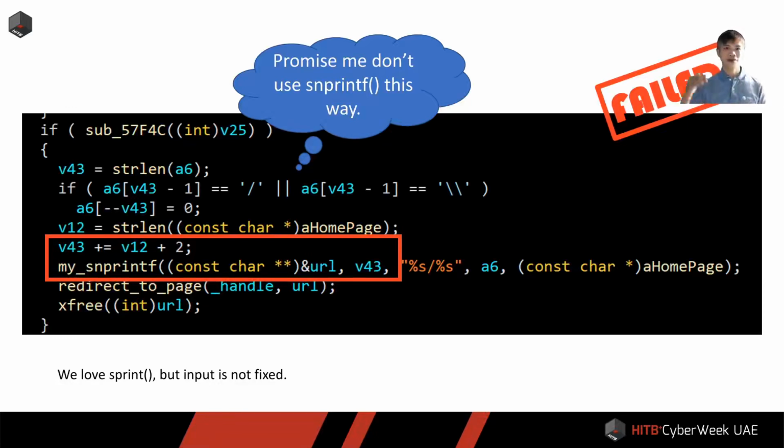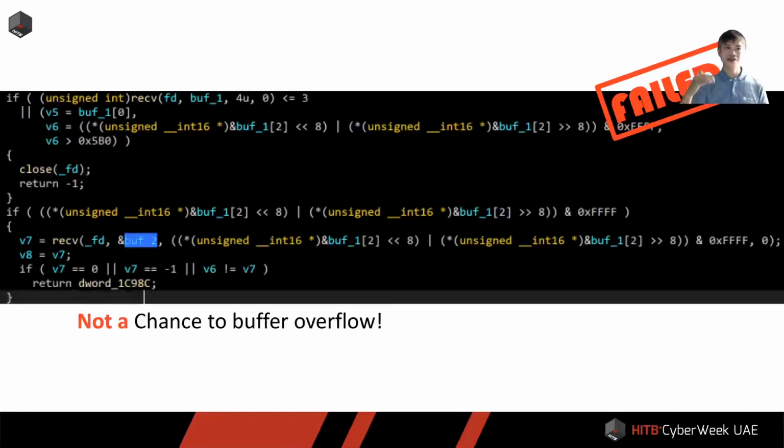And this excerpt of code is the DSCID, our old friend, that's reading a UDP packet and putting it into buff2. The problem is that you cannot send a really long UDP packet.